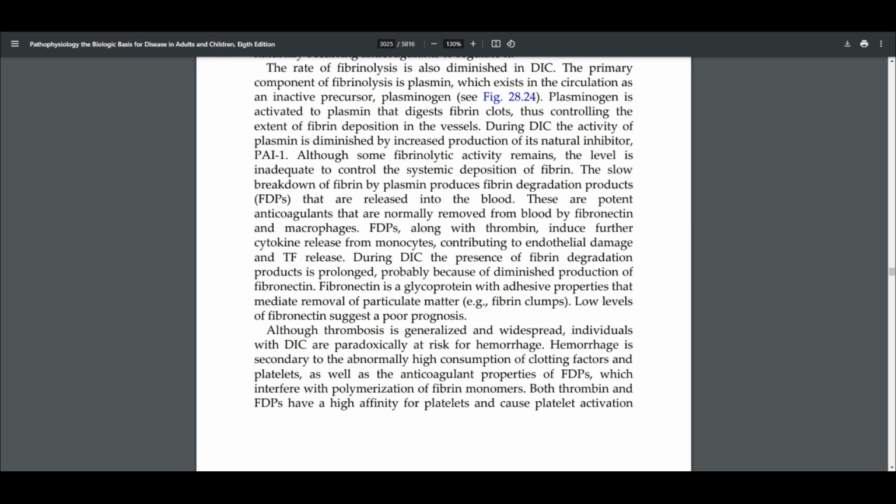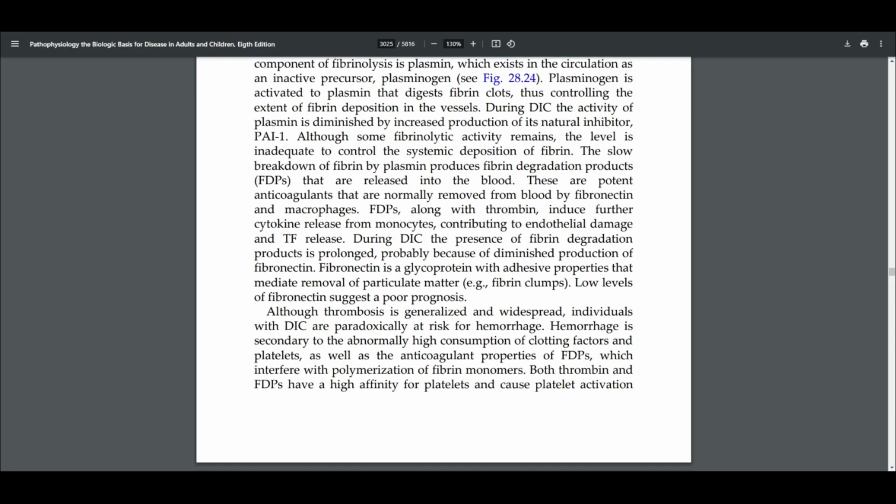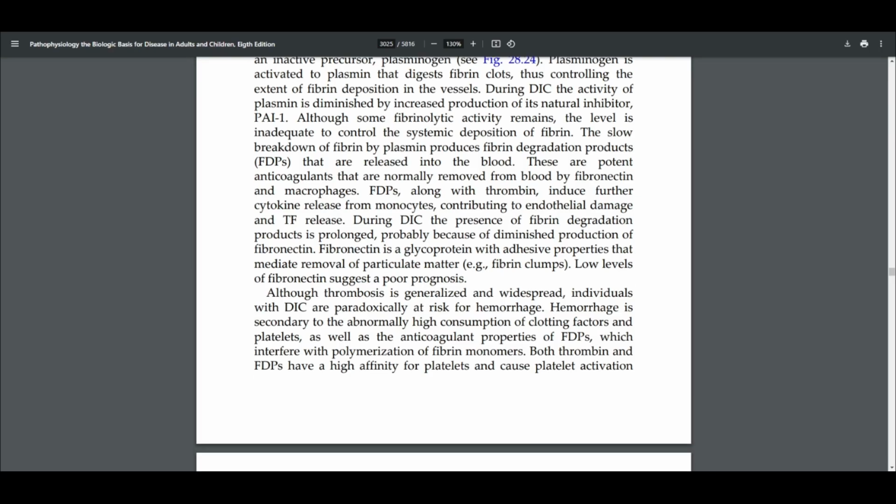The slow breakdown of fibrin by plasmin produces fibrin degradation products that are released in the blood. These are potent anticoagulants that are normally removed from blood by fibronectin and macrophages. FDPs, along with thrombin, induce further cytokine release from monocytes, contributing to the endothelial damage and TF release.